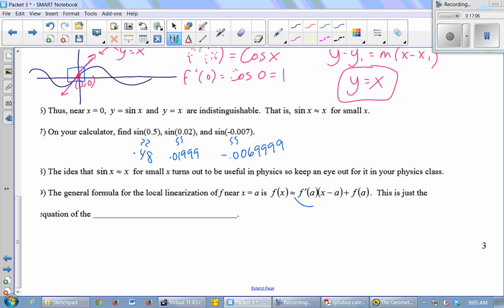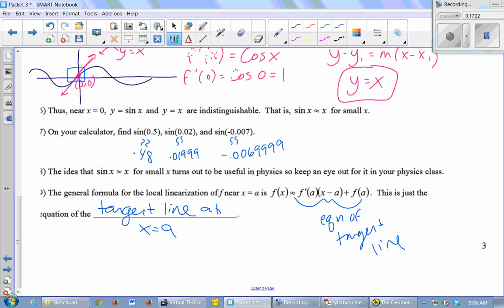So this guy is just the equation of the tangent line at x equals a. So the local linearization just says if you want to know the value of f of x, you can approximate it. That's why I have the squiggly lines there. You can approximate it by plugging a into the tangent line equation instead of the equation for f.